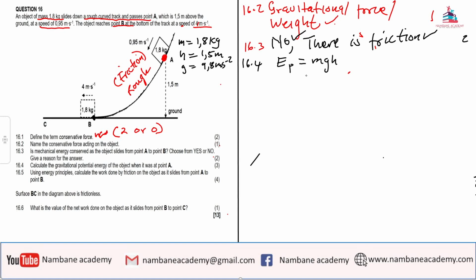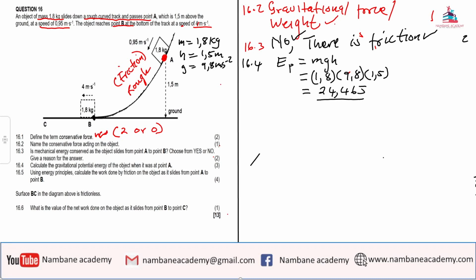EP equals 1.8 multiplied by 9.8 multiplied by the height, which is 1.5 meters, and this will give us something like 26.46 joules, and that is how we get the 3 marks.